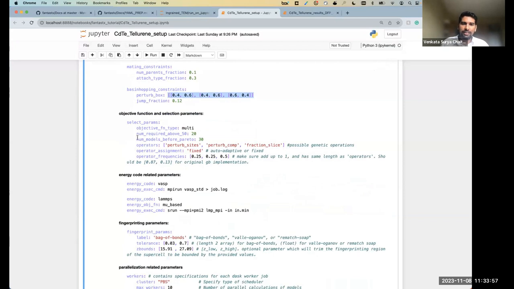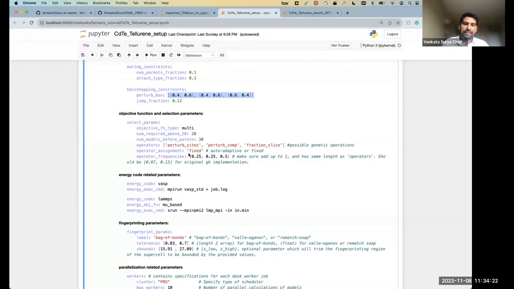And other parameters that are common are the selection parameters. So which specifies basically whether we are doing a multi-objective search or a single objective search, and how many models we want to consider when we are constructing the Pareto, and what operations to use and what are the frequencies to use.